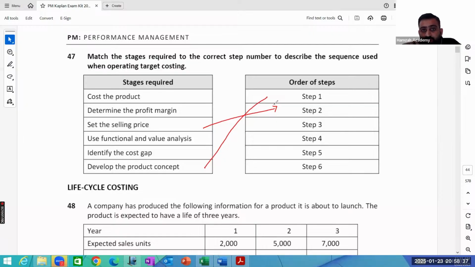Then, after setting the selling price, you need to determine the profit margin, which is the third step. And then you need to determine the target cost, sale price minus the required margin. Then you need to identify the cost gap.